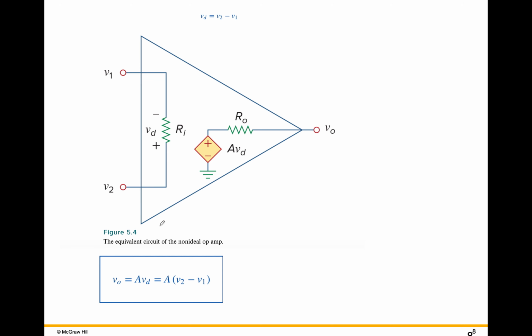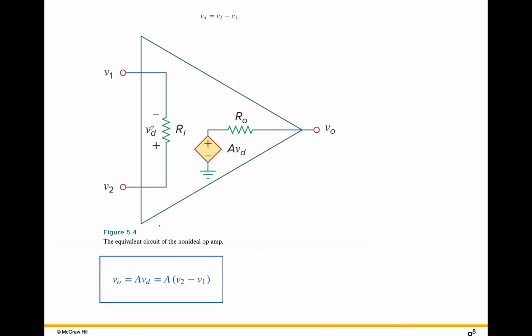Now, in the real world, op amps are not ideal devices, and so they have an equivalent circuit. So here is our V1 and V2. That would be our inverting and non-inverting respectively. The VD is the voltage between them. It's V2 minus V1.